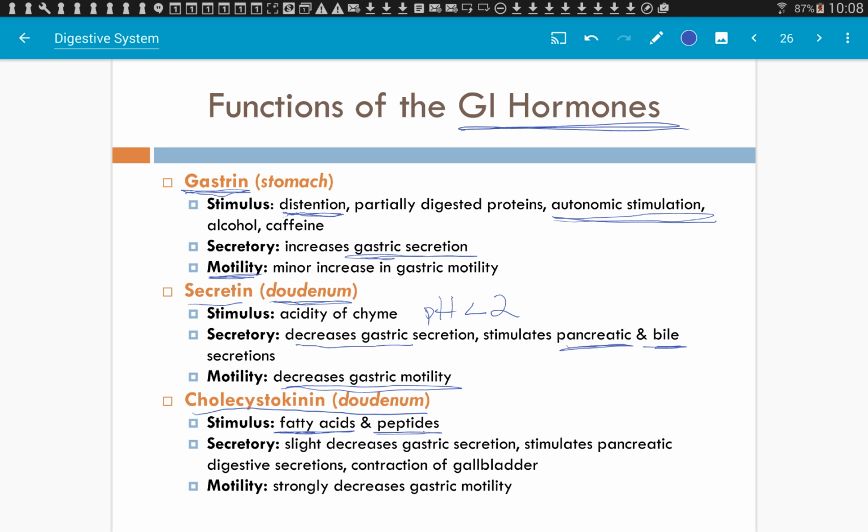It has a little decrease on gastrin, but look at stimulating pancreatic secretions and gallbladder. So secretin and cholecystokinin have very similar functions, except for when we look at the motility, cholecystokinin actually does have a strong effect on the motility, strongly decreasing the movement within the stomach, okay?